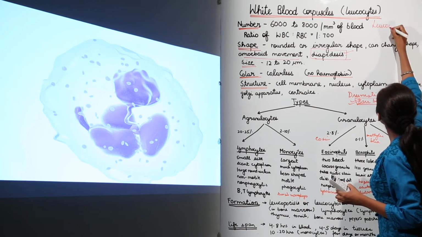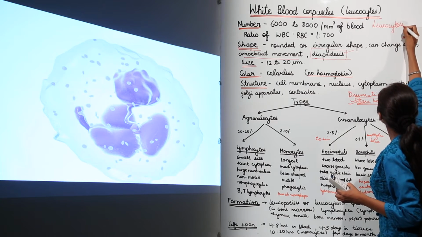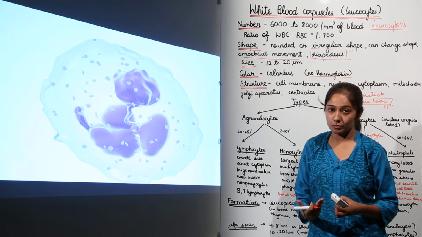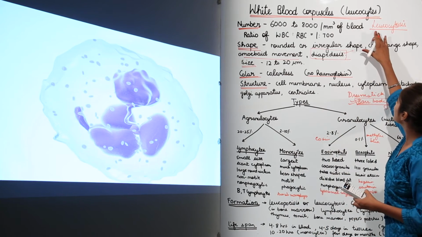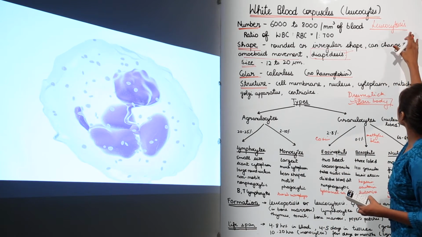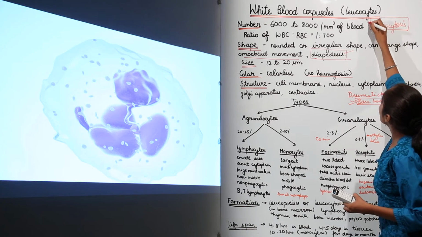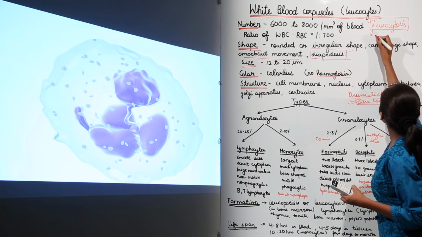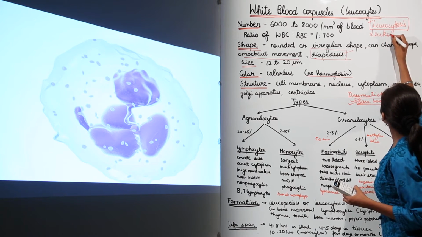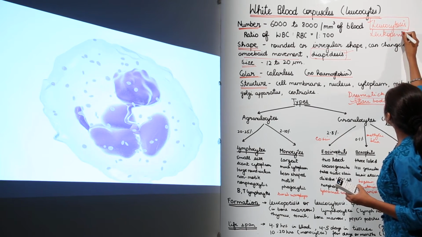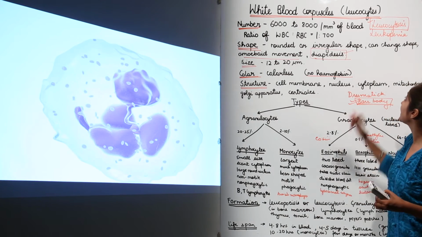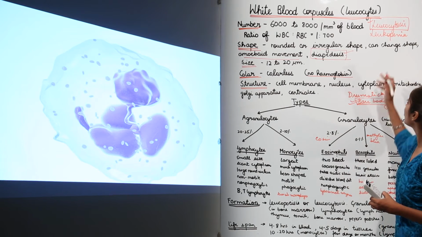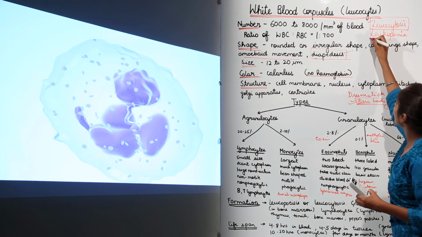When there is an abnormal increase in the number of white blood corpuscles, we call the condition leukocytosis, right. And if there is an abnormal decrease in the number of leukocytes, we call that condition leukopenia. So, abnormal increase in the number of WBCs is termed leukocytosis, and abnormal decrease in the number of leukocytes is known as leukopenia.